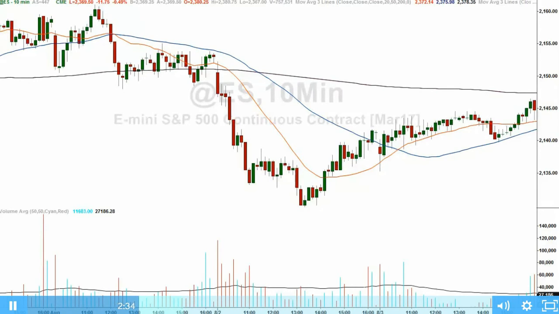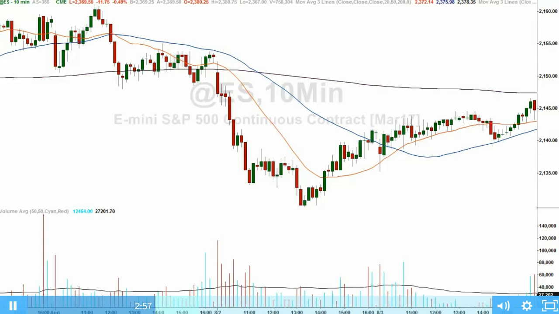When we look at the moving averages, you think of them in terms of slow, medium, and fast. For example, the 200-period moving average on this chart would be the slower moving average, meaning it takes longer for it to move up and down with the market as compared to the 20-period moving average.